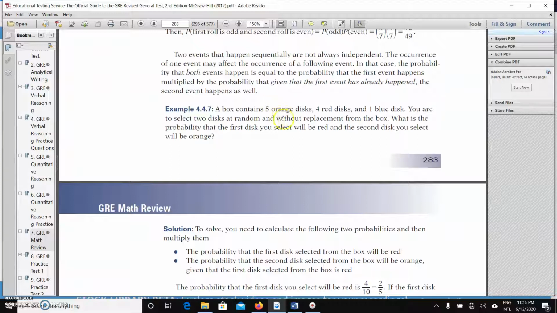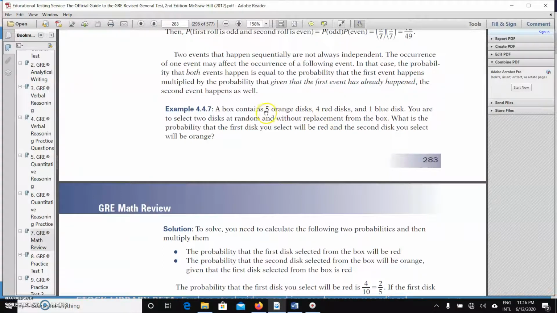That will be 5 over the total number of the remaining discs. Now because the first one already picked 4 over 10, the total number will reduce because they told us without replacement. If they mention without replacement, that really means that if one is picked, it does not return back.